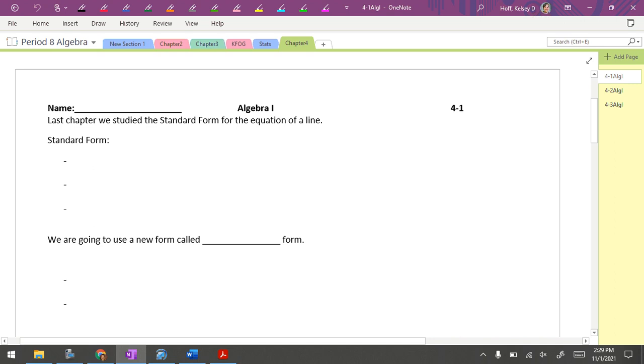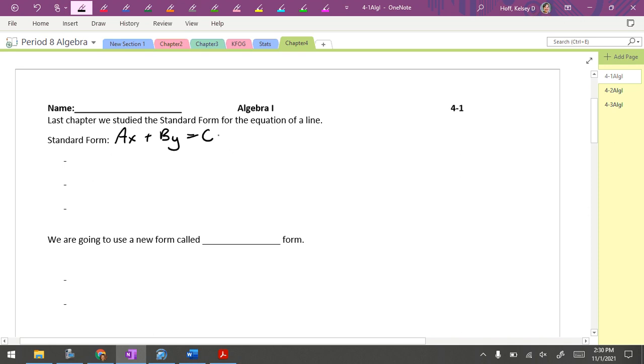So last chapter we studied standard form, which seemed like an eternity ago. So I'm going to help you out with this. Standard form for the equation of the line is ax plus by equals c. And remember, a, b, and c are like numbers, right? A and b are coefficients on x and y. C was the constant, the number without the variable.